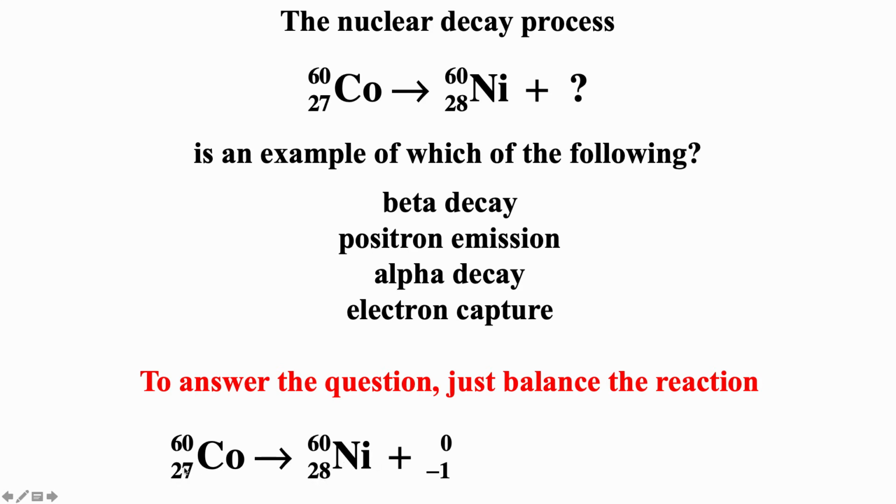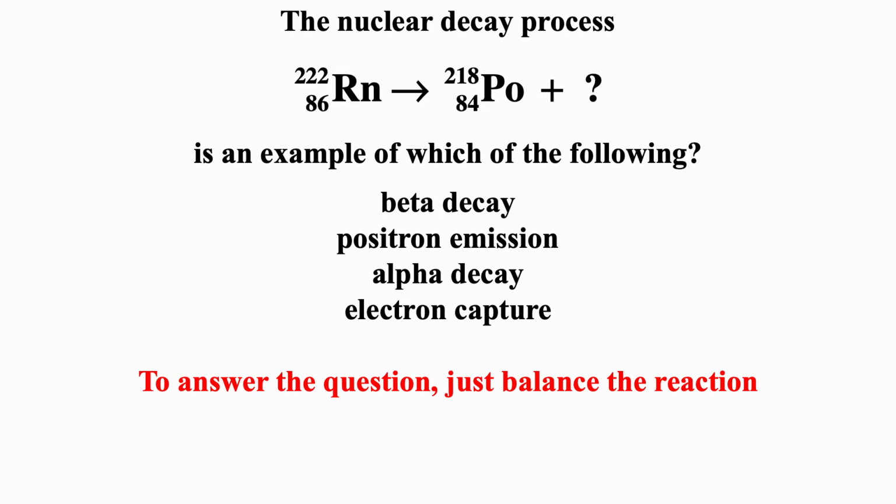And to make the charges the same for products and reactants, we must be forming a particle with a -1 charge. And so that tells us this must be beta decay. Making sure that the sum of the mass numbers and the sum of the charges are the same for products and reactants actually enables us to determine what is formed in a nuclear reaction.